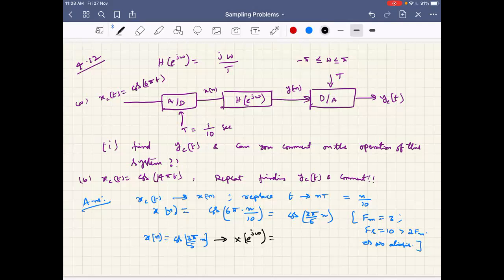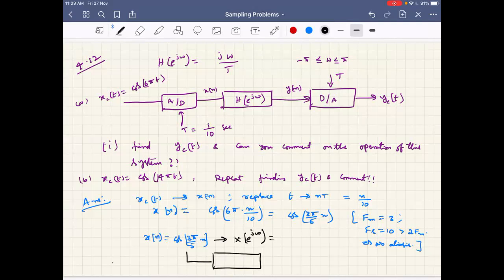Write x of n in terms of the exponential, and then use the eigenfunction property. That is usually preferred, because this is h of e power j omega, and an exponential or cosine signal has the eigenfunction property.